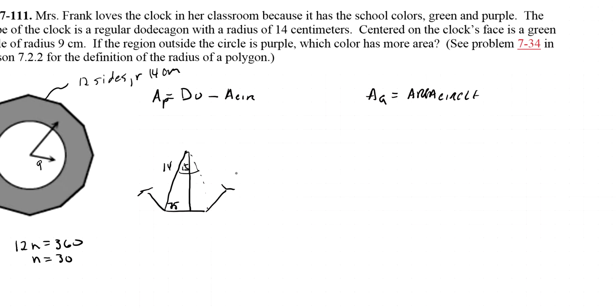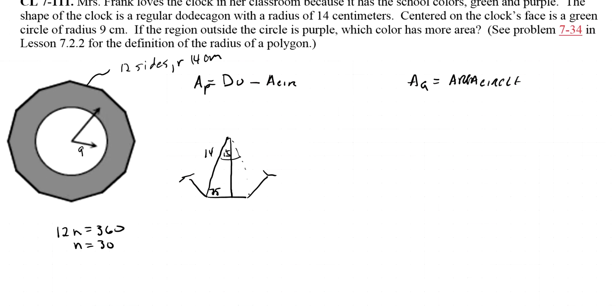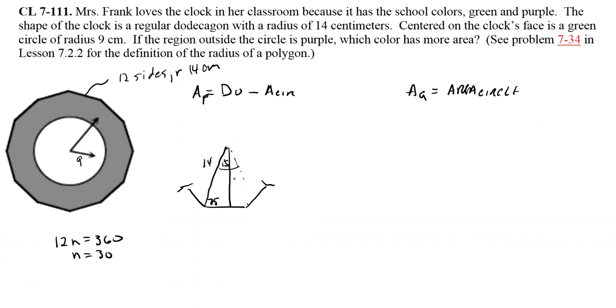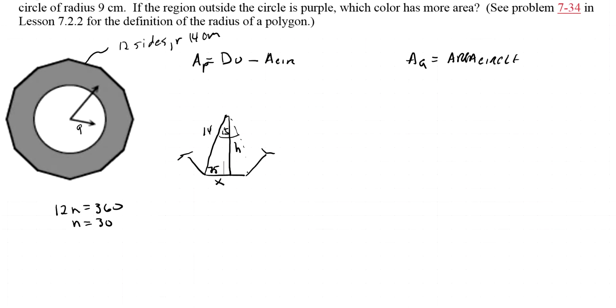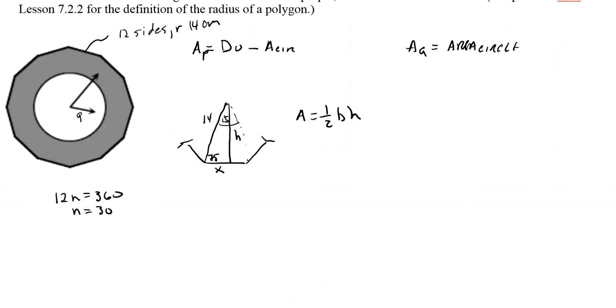So I know this is the height, and this is my x. And so to get the area of this, I need area equals 1/2 base times height. So I need the base and the height, and I'm going to get that from here.